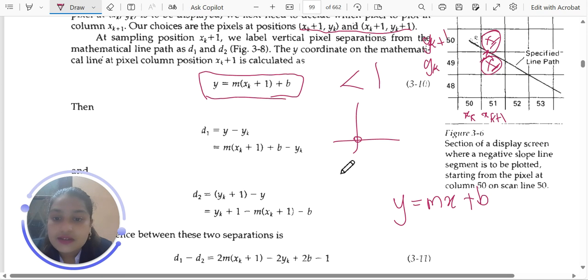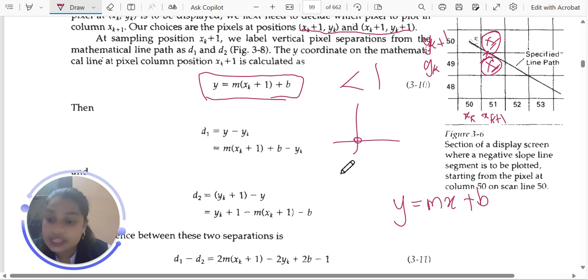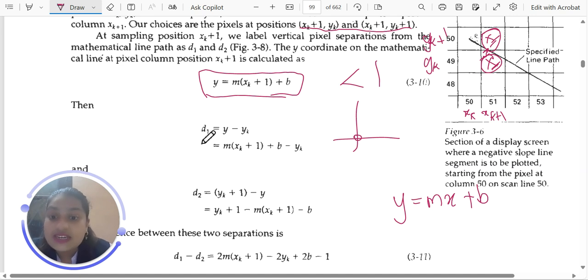Then we have d1. Instead of delta y and delta x which we use in the DDA algorithm, here we are using d1. So d1 is y minus yk. Now we are substituting the value. Here we have got y. Now this is equation 1. Now we are substituting this value of y over here. So that will be m xk plus 1 plus b minus yk.